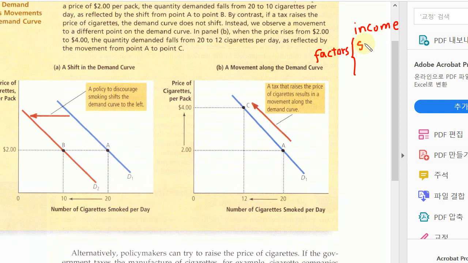What is a substitute? A substitute is an alternative, which can be replaceable.